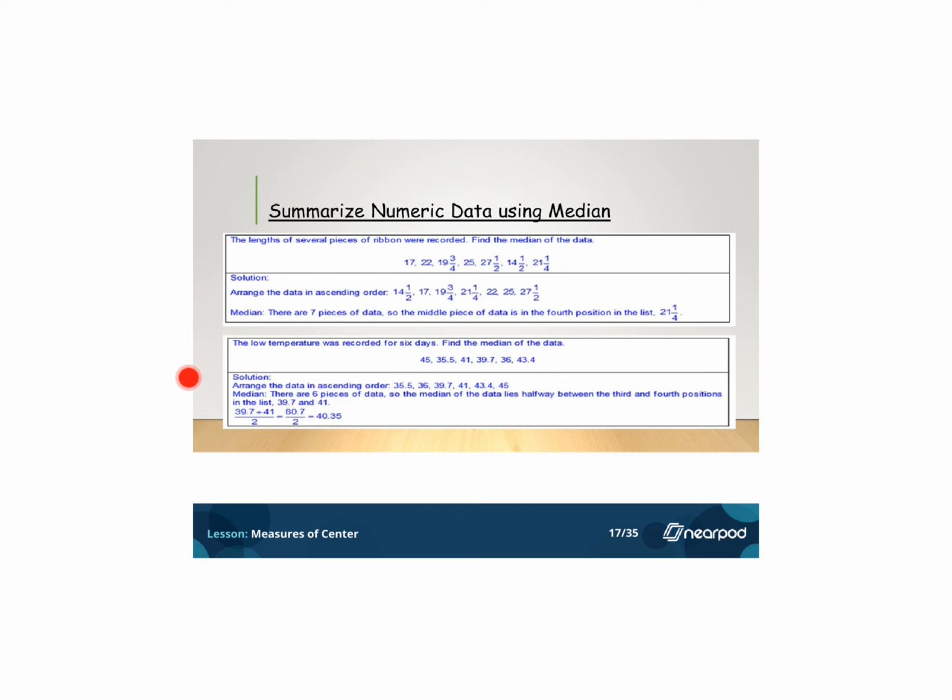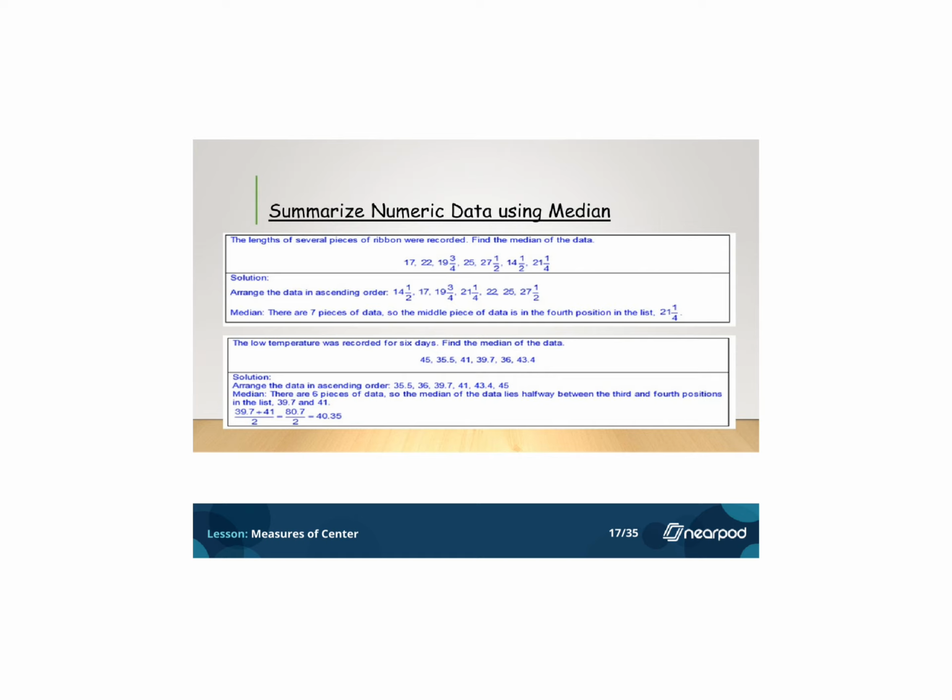The first step is to arrange the data in ascending order. Ascending means least to greatest. So least number to the greatest number. Then there's a strategy that we're going to use to figure out the median.